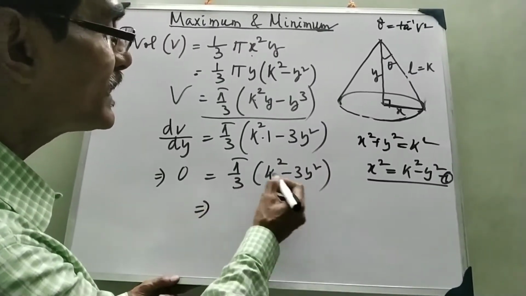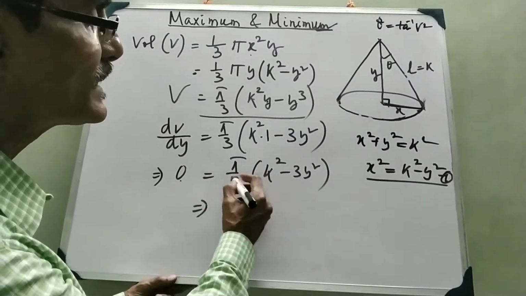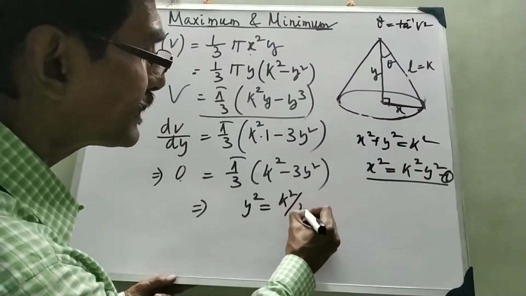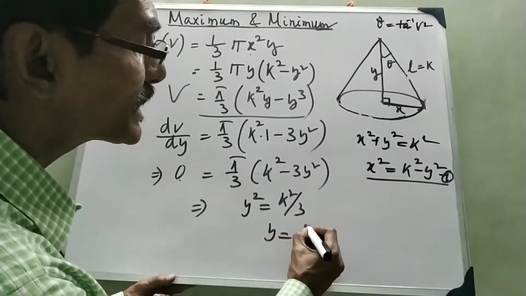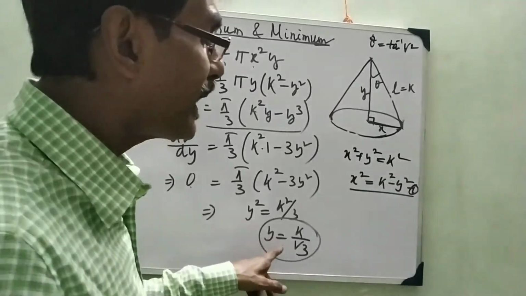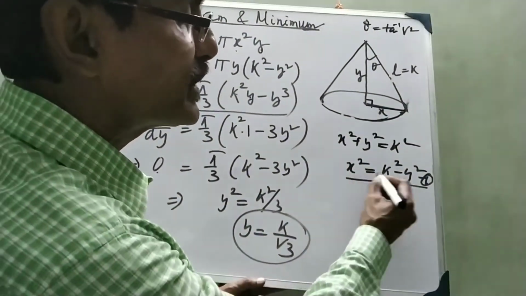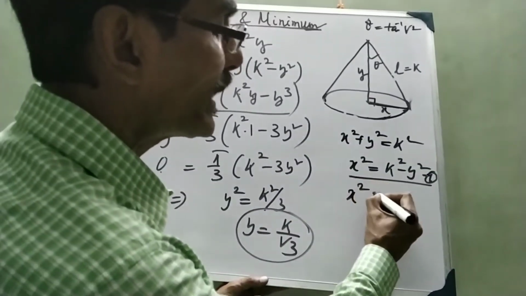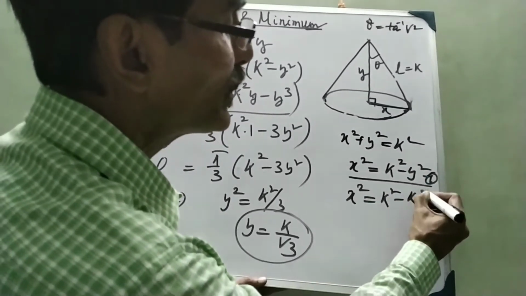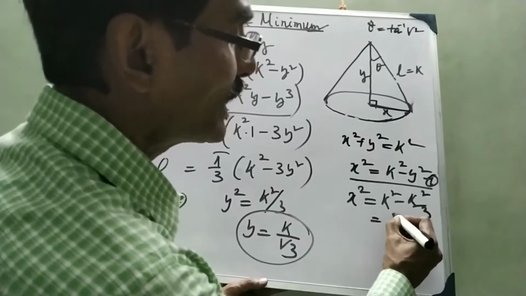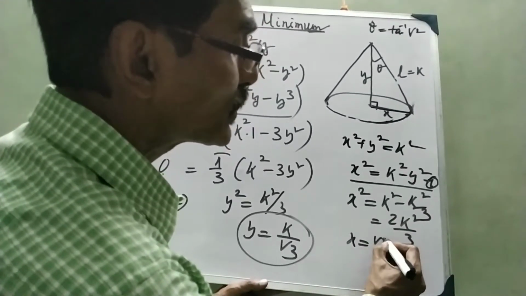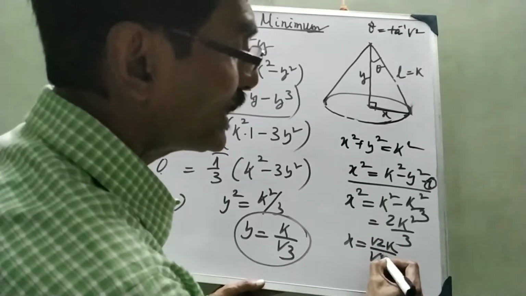By solving this, we get y square equal to k square by 3, or simply y equals k by root 3. Now as y has come out, using the relation we get x square equals k square minus k square by 3, that is 2k square by 3. So x equals root 2 k by root 3.